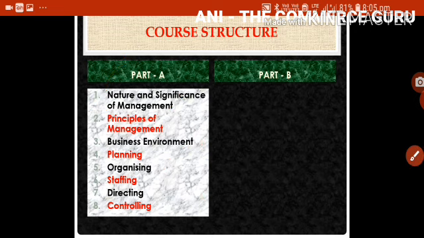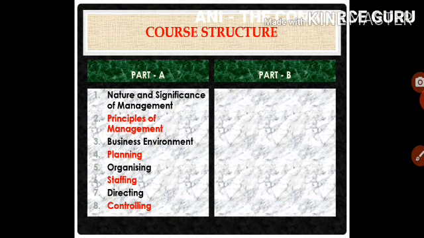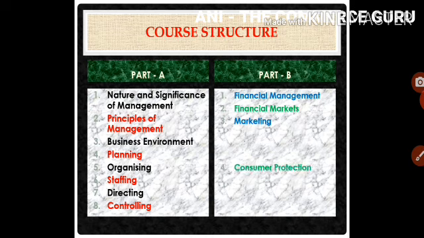Then we move on to Part B. Part B consists of 4 chapters. Chapter number 1, Financial Management. Number 2, Financial Market. Number 3, Marketing. And number 4, Consumer Protection.